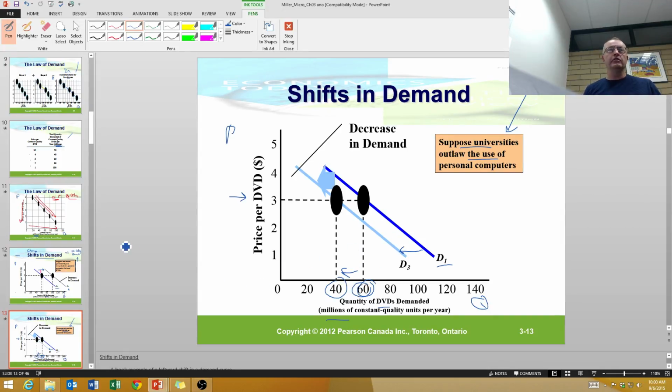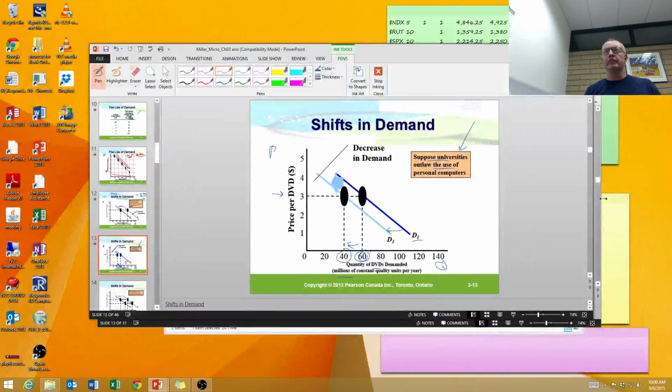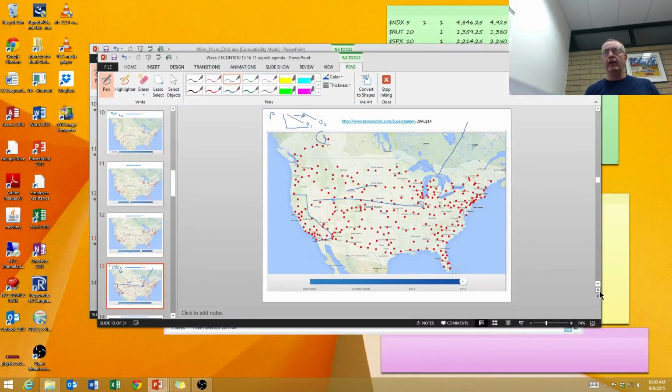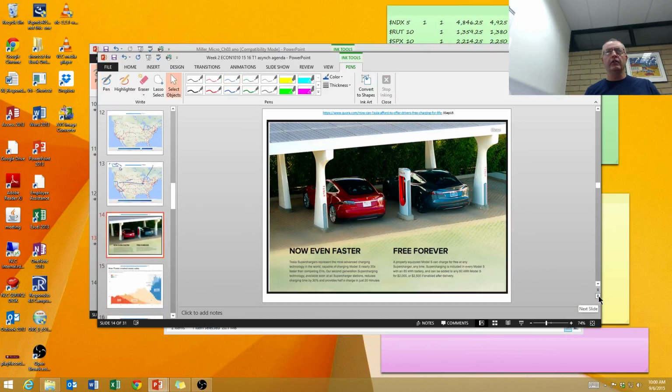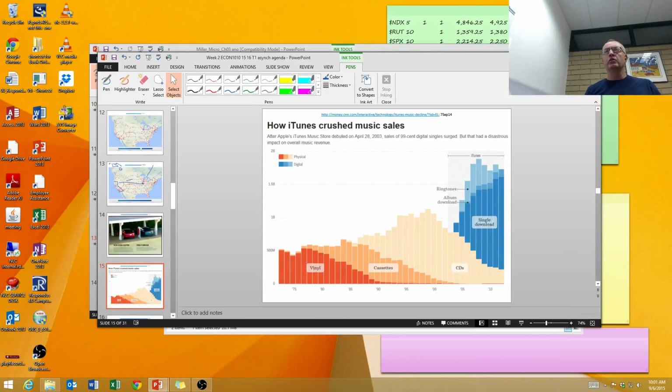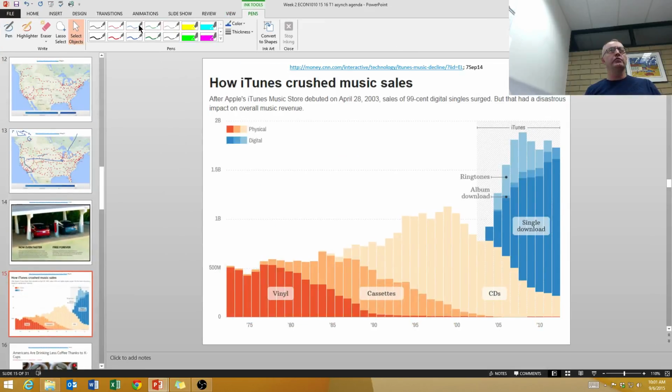So I have to admit, as I mentioned before, I'm not a big fan of using DVDs. So I have another example of this kind of non-price change affecting the demand for certain products. So here's my example. As you know, over recent generations, music has been recorded on different kinds of media.